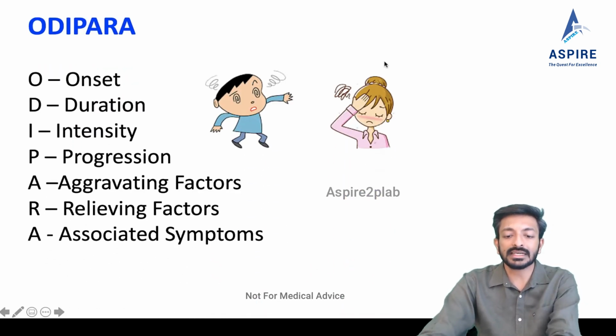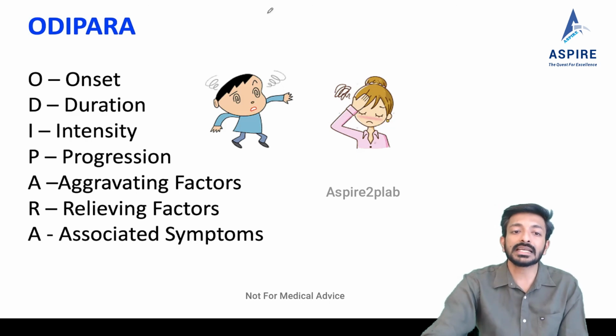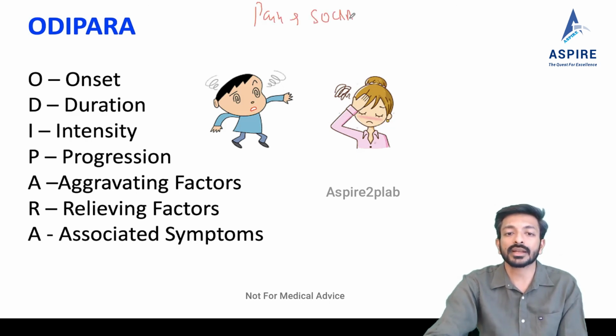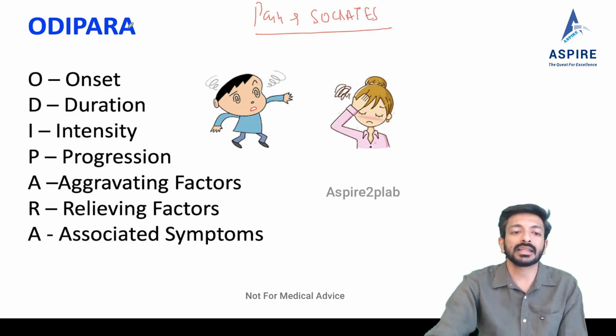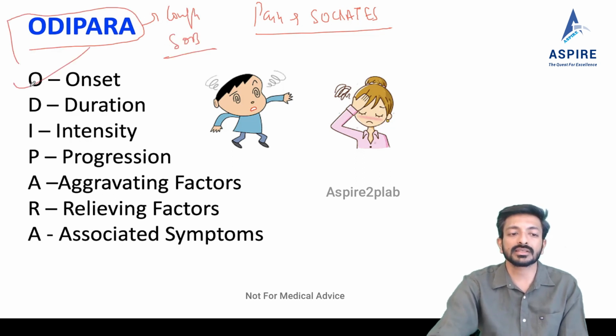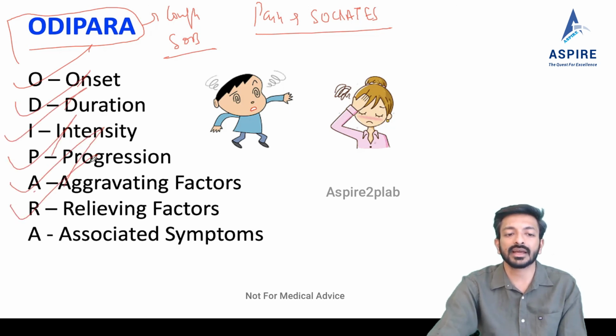So what we said, if your presenting complaint is pain, we are using SOCRATES. And if the presenting complaint is cough or shortness of breath, we use ODIPARA. ODIPARA is onset, duration, intensity, progression, aggravating and relieving factors, and associated symptoms.